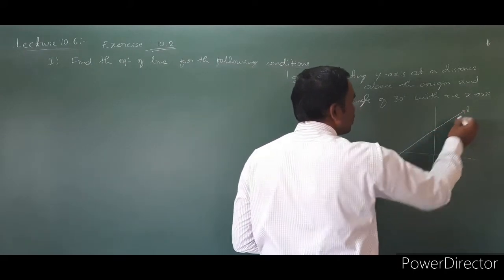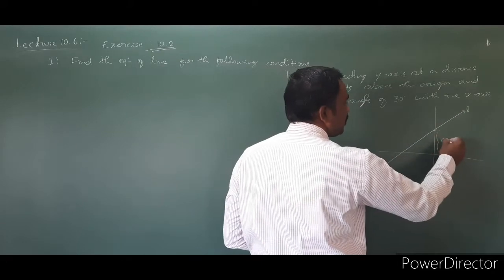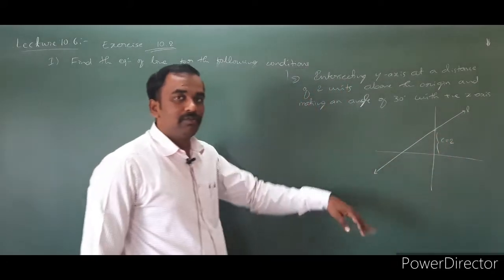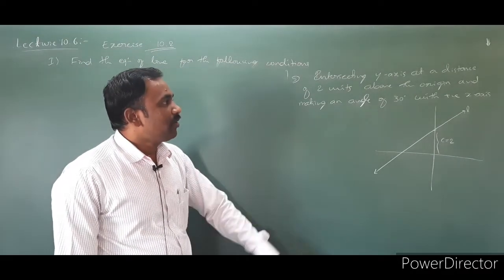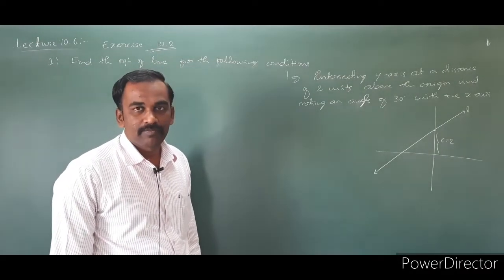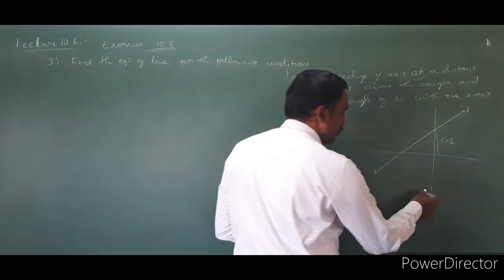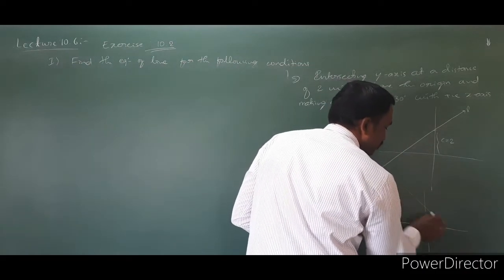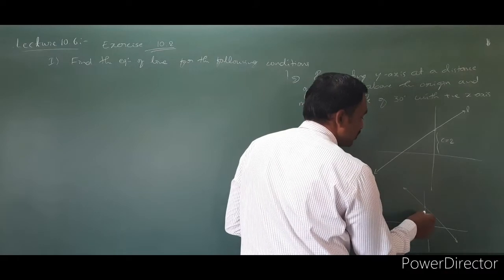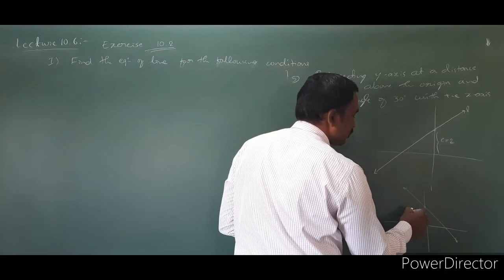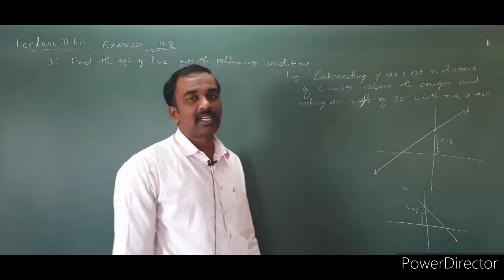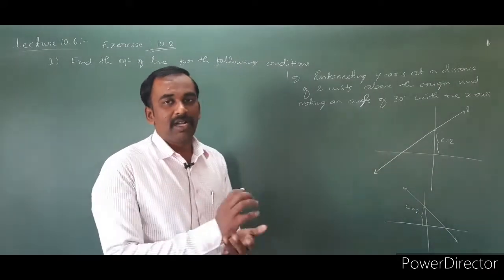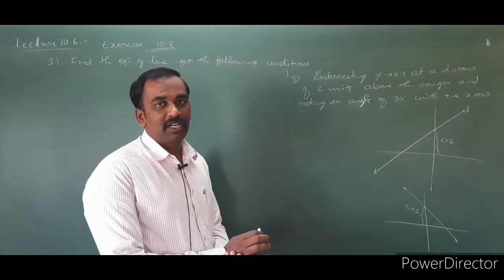That means c is equal to 2, positive, because it is above the origin, and making an angle of 30 degrees with the positive direction of the x-axis. Whether this one is correct or this one is correct, first case or second case. Which one is a suitable diagram for this particular problem?